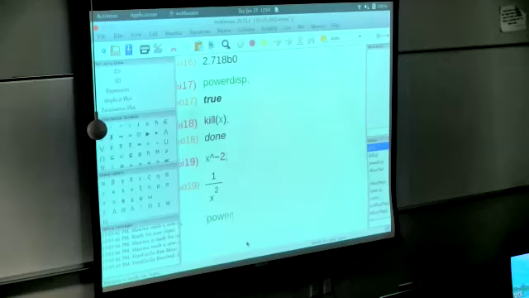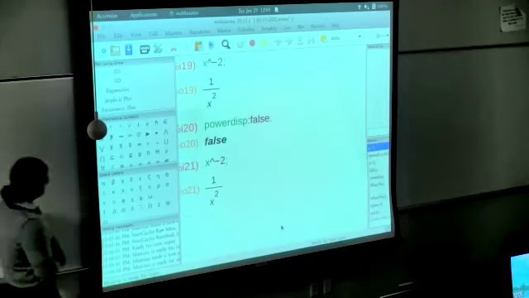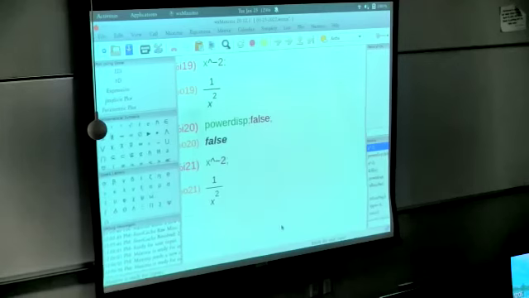But if I set powerdisp to false, it still gives me 1 over x squared.